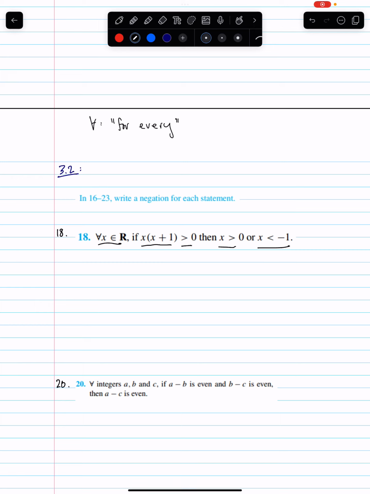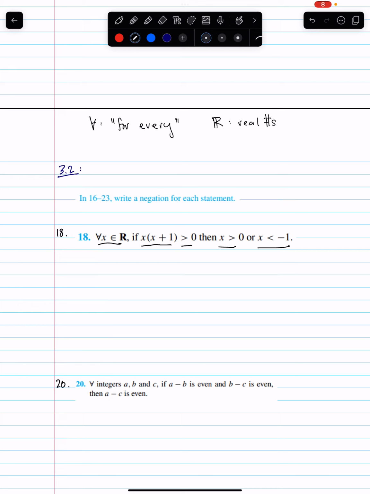So if you read this, it says, for every x in the set of real numbers, if x times (x plus 1) is greater than 0, then x is less than 0, or x is less than negative 1.